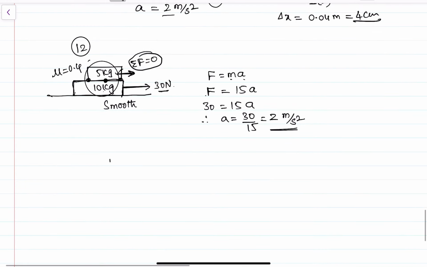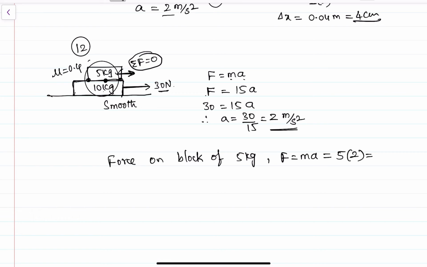The force on the block of 5 kg is given by force F is equal to M into A. Here M is how much? 5 kg, into acceleration, which is nothing but 2. So 10 newtons. This force on 5 kg is 10 newtons. As the 5 kg block is not moving on block A, it is at rest.